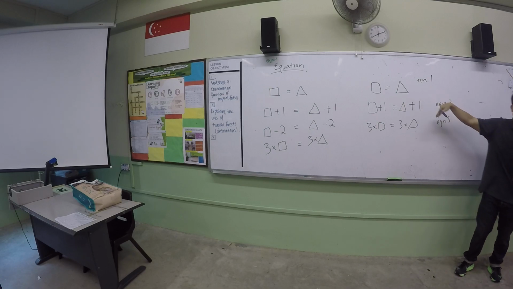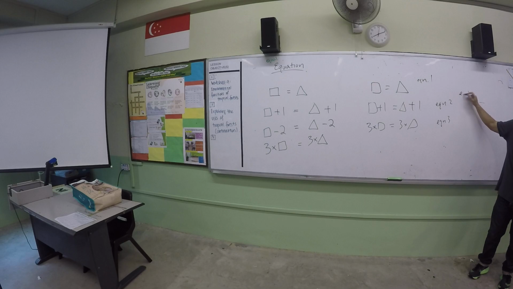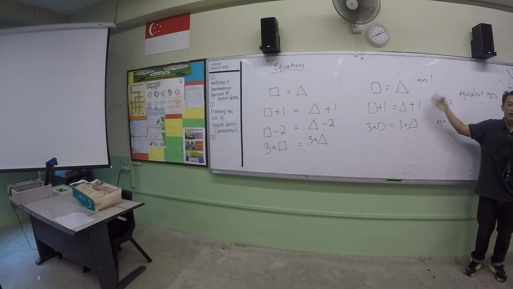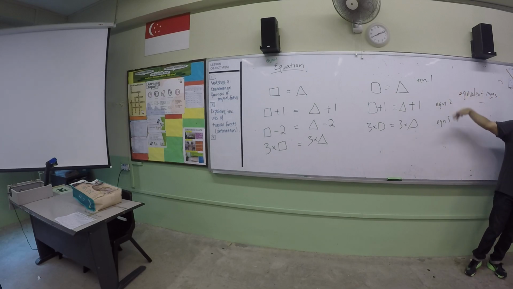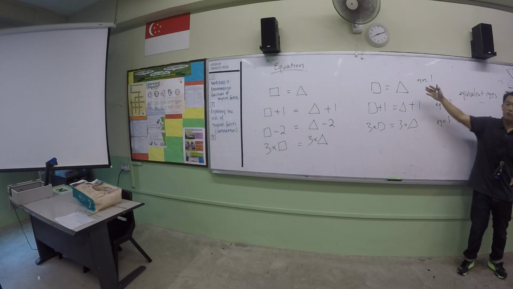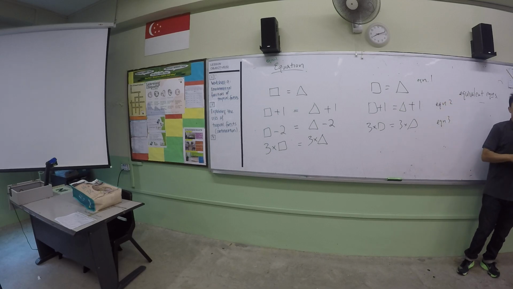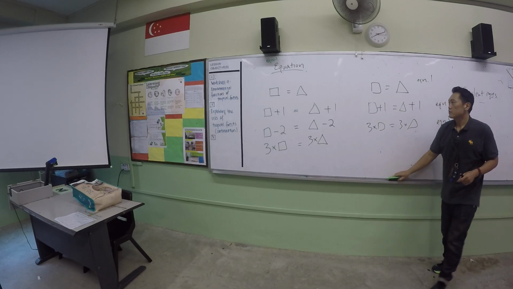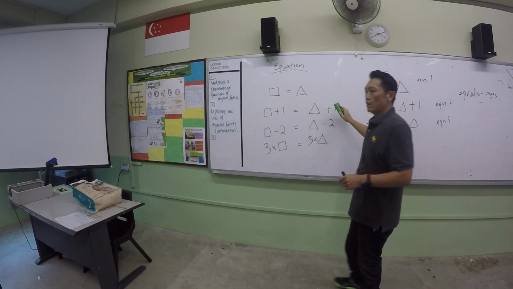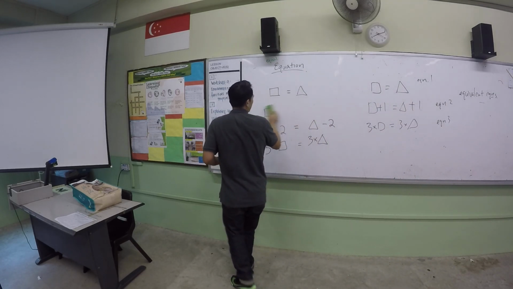All these equations, we can call them equivalent equations. They are equal equations. All of them actually came from one equation.